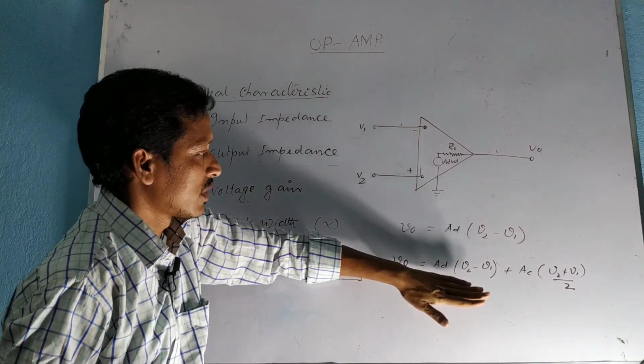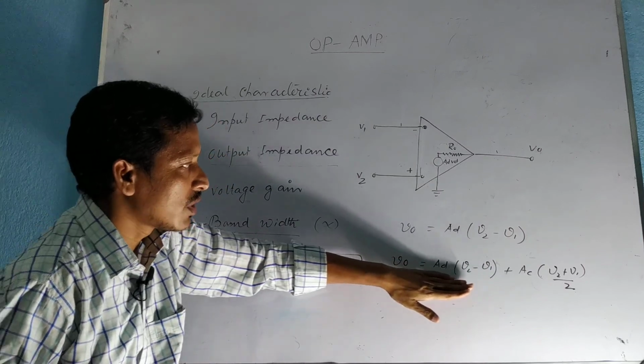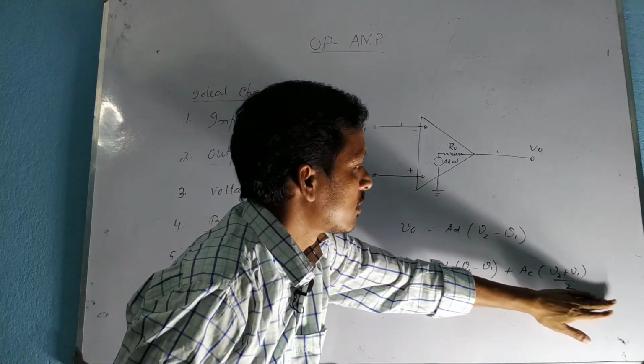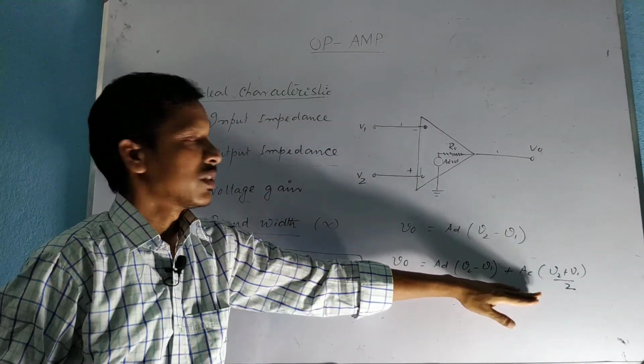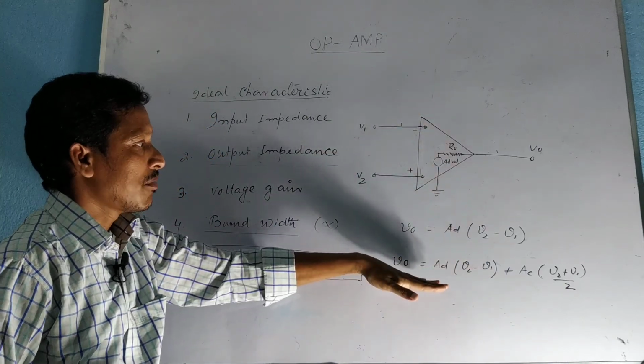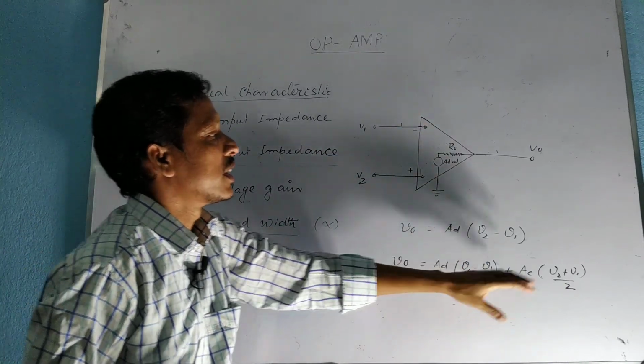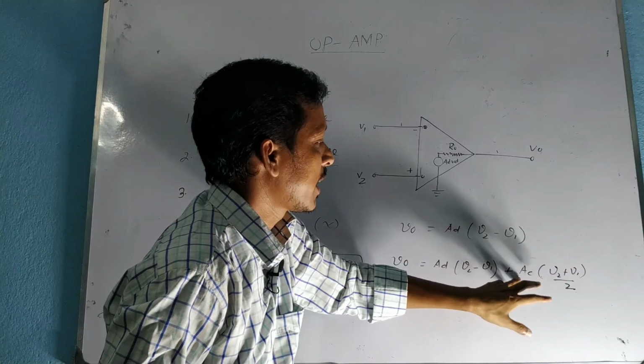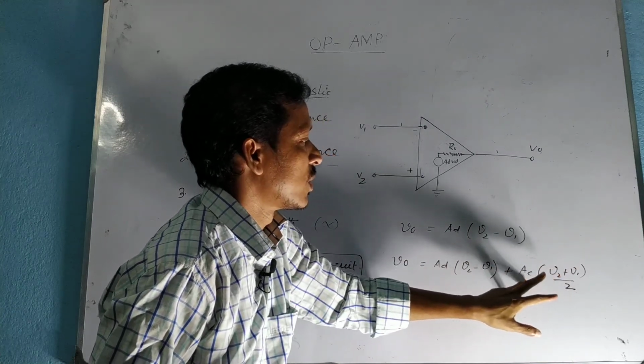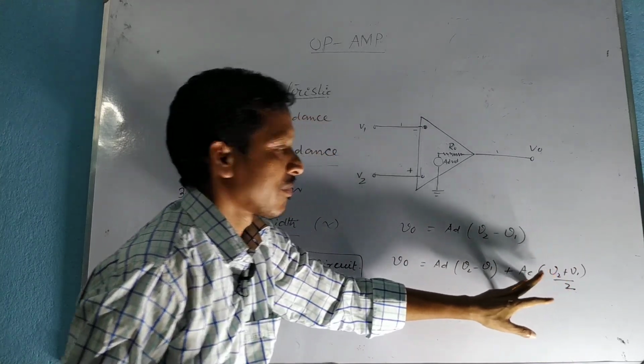There are two terms. This one comes from the difference mode signal and this one comes from the common mode signal. So a practical operational amplifier also amplifies the common mode signal, and AC is the gain for the common mode signal.